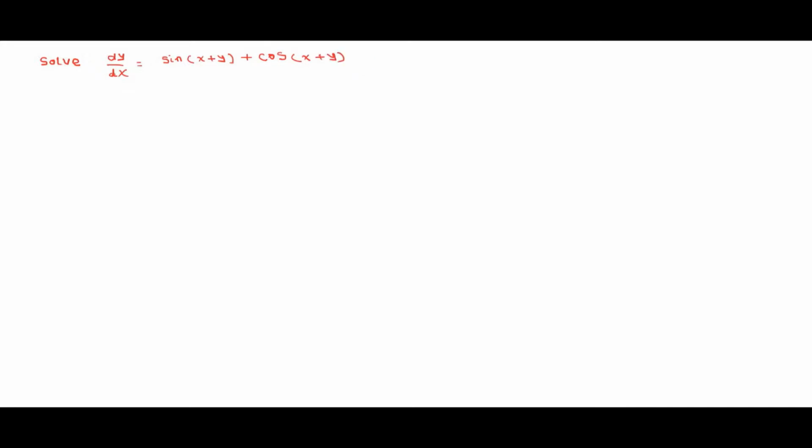Now we can solve this differential equation by taking the substitution x plus y is equal to v. So put x plus y is equal to v.